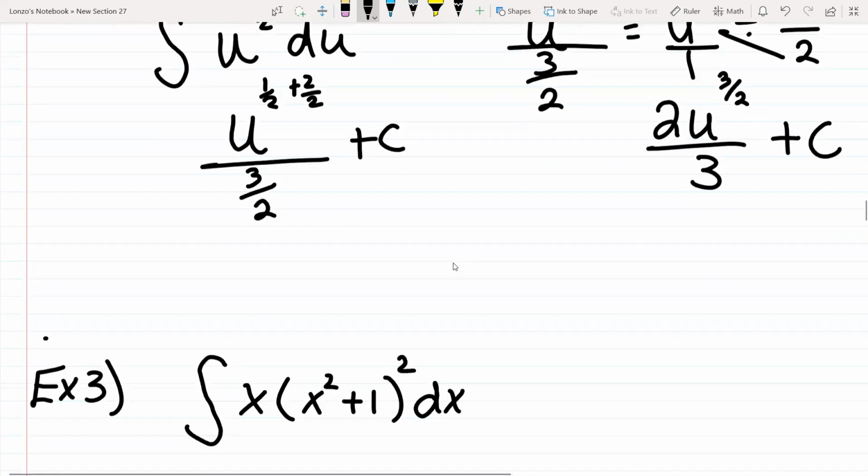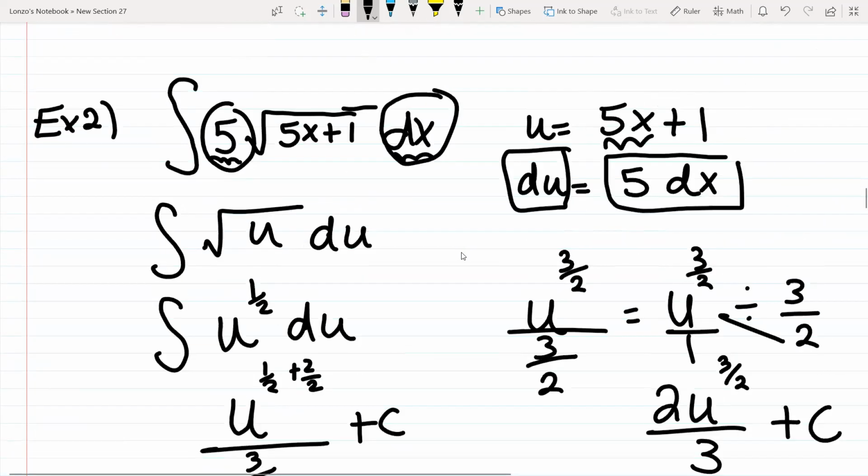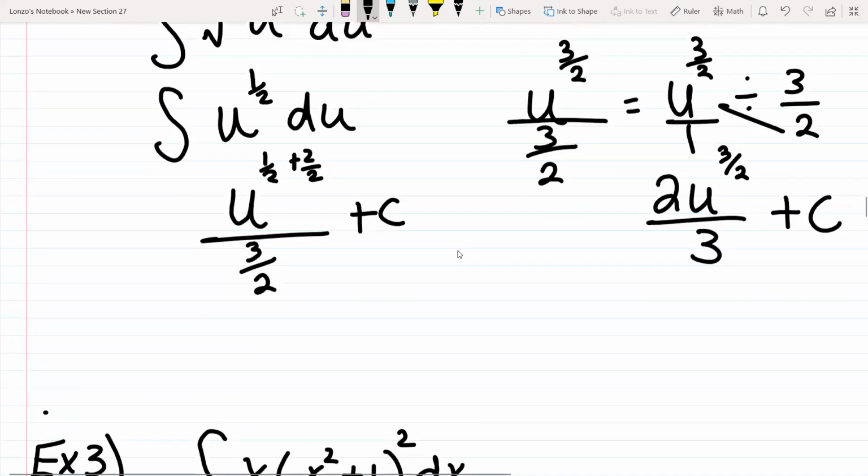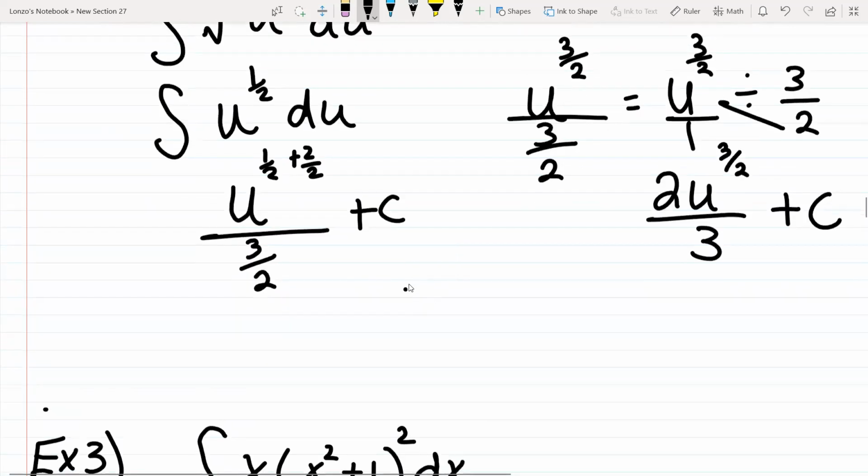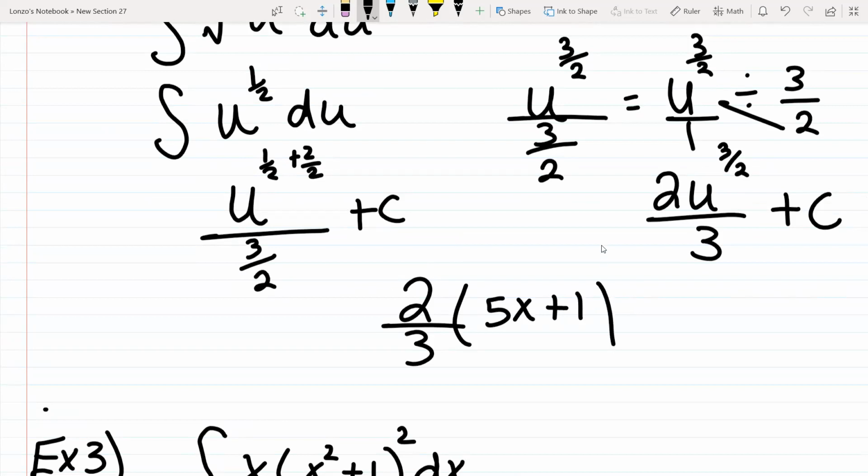Okay, then your final answer, you just have to replace u with, what did we say u was? 5x plus 1. So your final answer could be expressed as 2/3 parentheses 5x plus 1 parentheses raised to the 3/2 plus c.